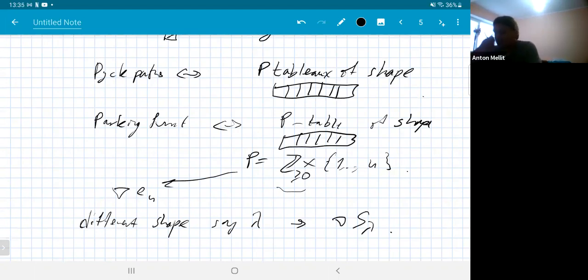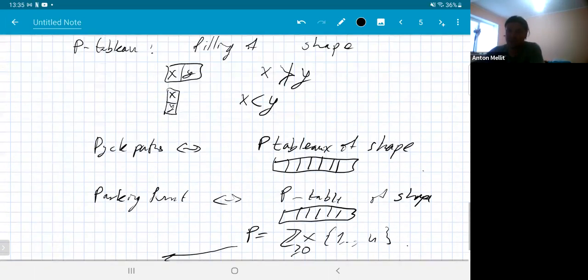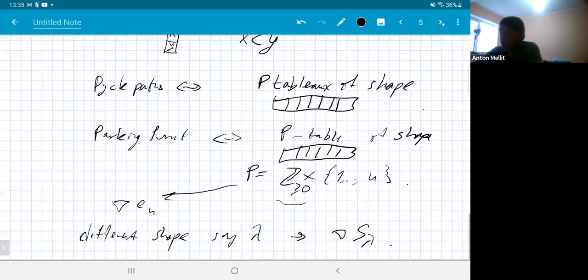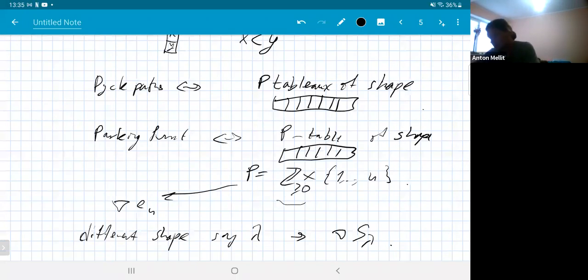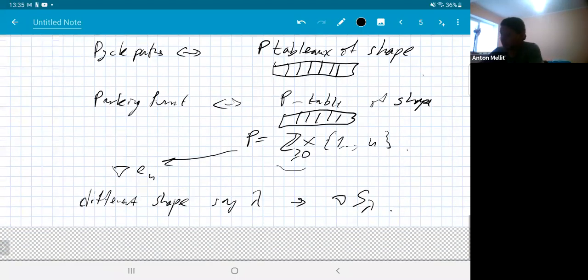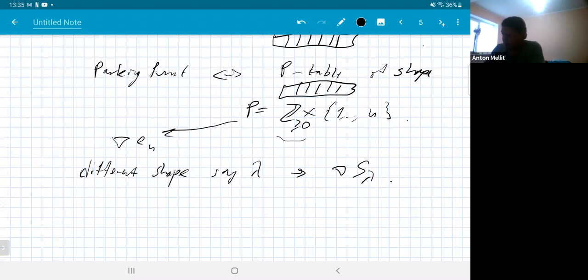You can easily check that a P-tableau of arbitrary shape corresponds to a nested Dyck path, when P is just the positive integers, and a nested parking function if P is whatever. And this is in preparation. Okay, I think this is where I want to stop.